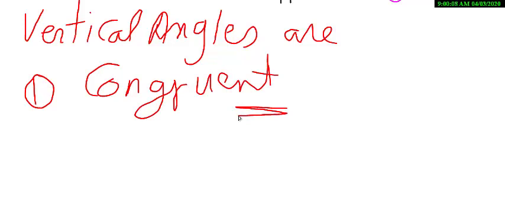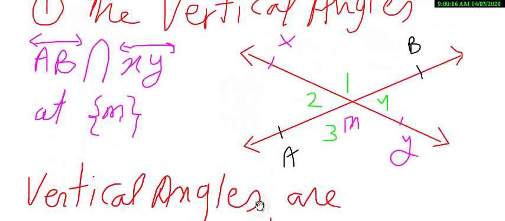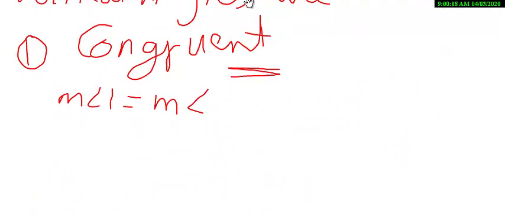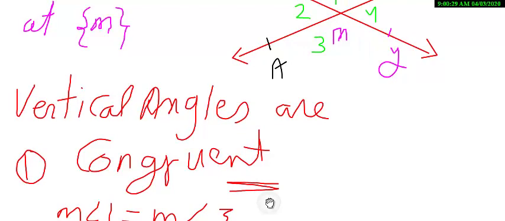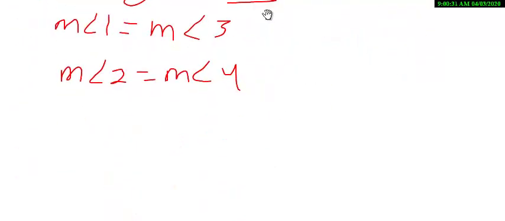They have the same measure. So the measure of angle 1 equals the measure of angle 3, and the measure of angle 2 equals the measure of angle 4, according to our sketch. 2 with 4 and 1 with 3, each pair has the same measure.